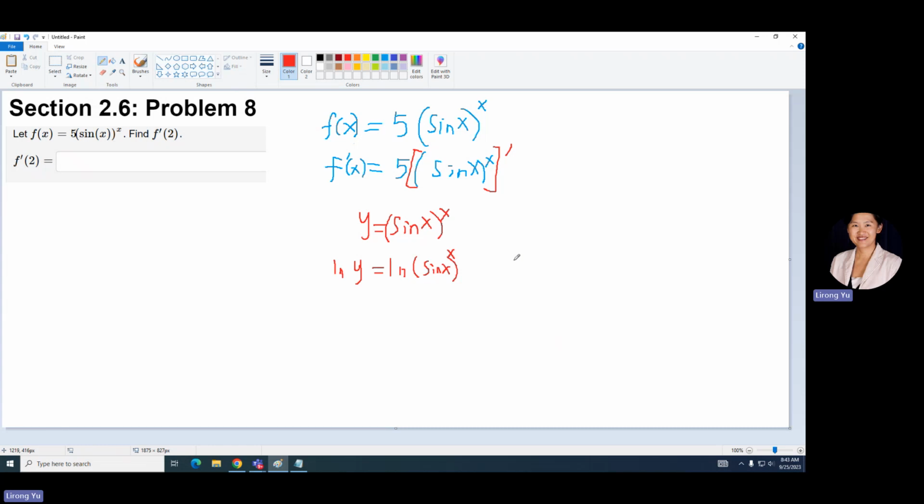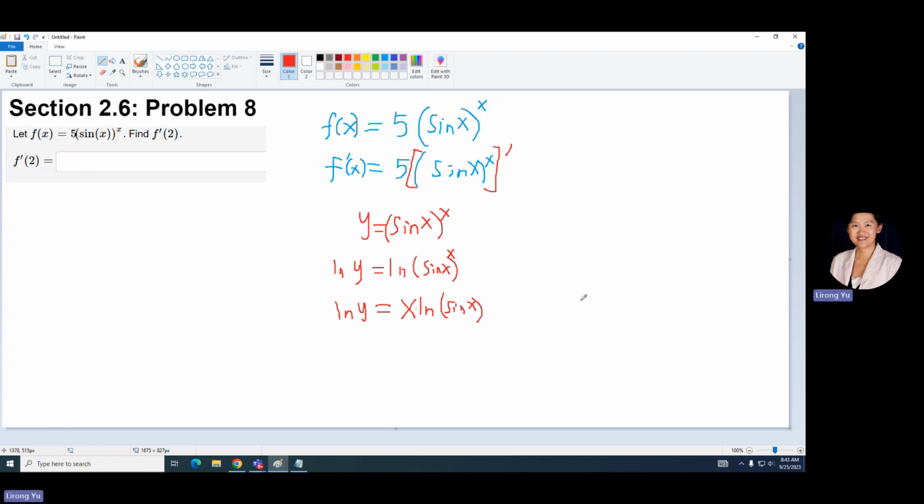Whenever you have a power in a logarithm, it's okay to move it to the front. We do this because we prefer a multiplication relation rather than a power-to-a-power relation. So let's move this one to the front because it's easier to find the derivative. So then we have ln of y is equal to x multiplied by the logarithm of sine x.